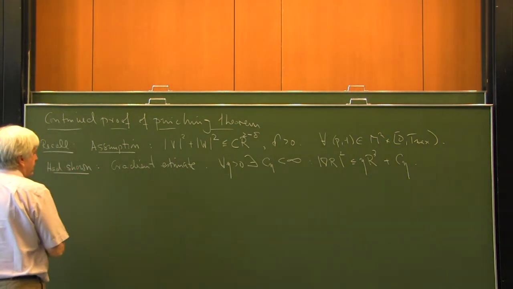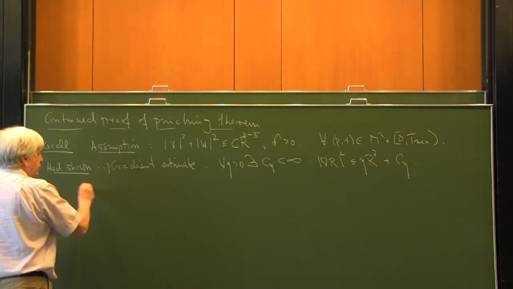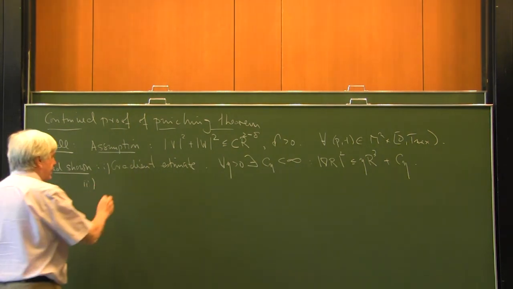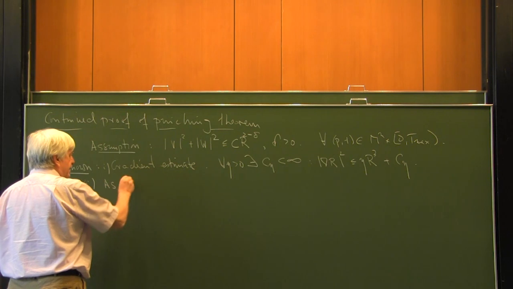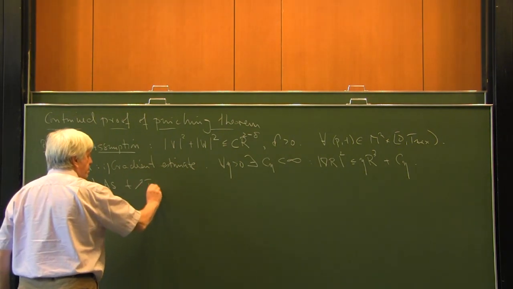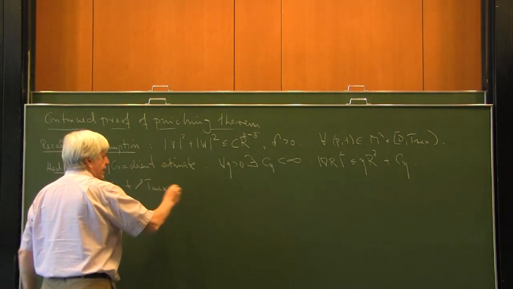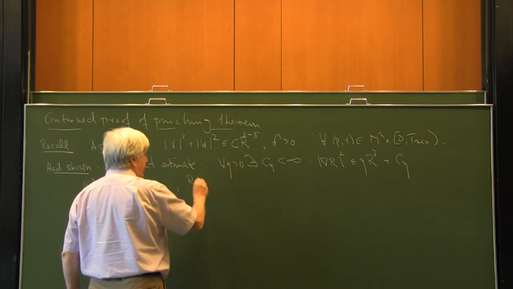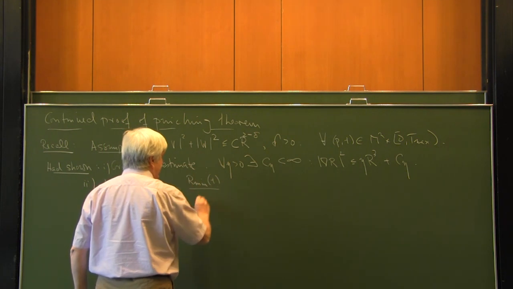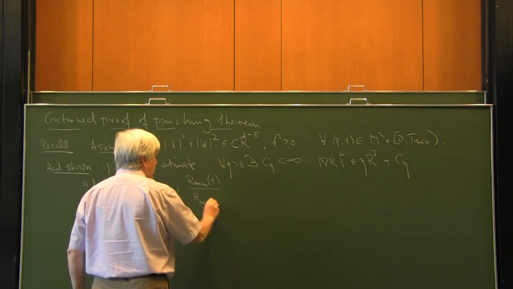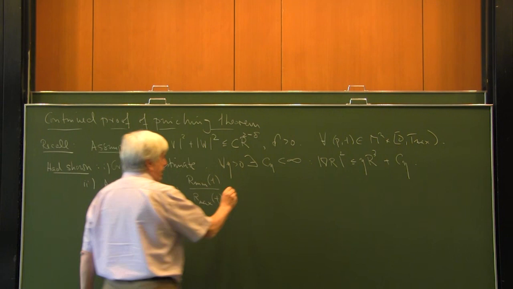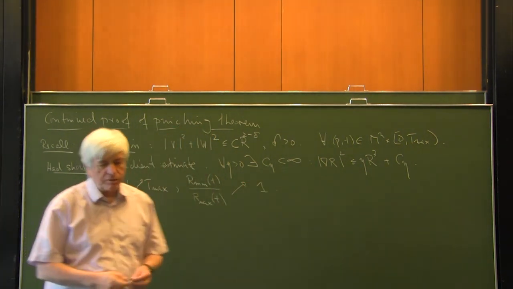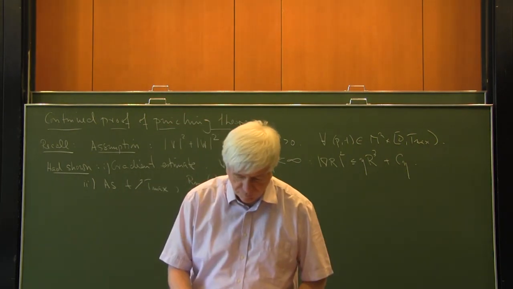And we had then proved, using this gradient estimate, that as t approaches t max, the minimum of the scalar curvature at time t divided by the maximum of the scalar curvature at time t approaches 1. And this had been shown with the help of Myers' theorem.